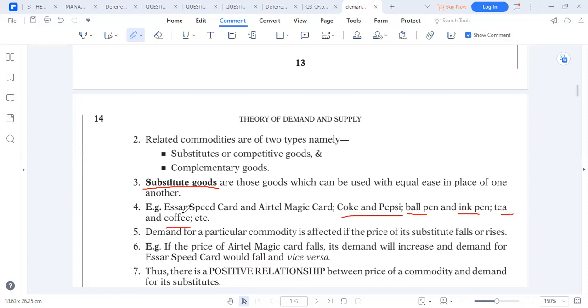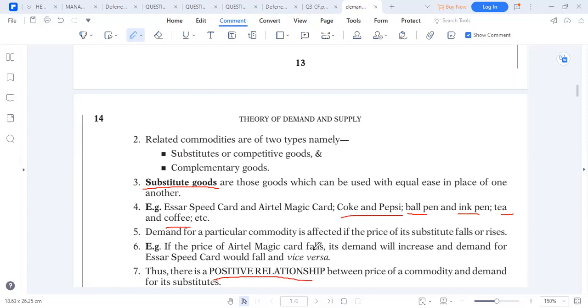For substitute goods, whenever the price of one good goes up and the other one is demanded more, we call that the substitution effect. The substitution effect brings about a positive relationship between two goods.